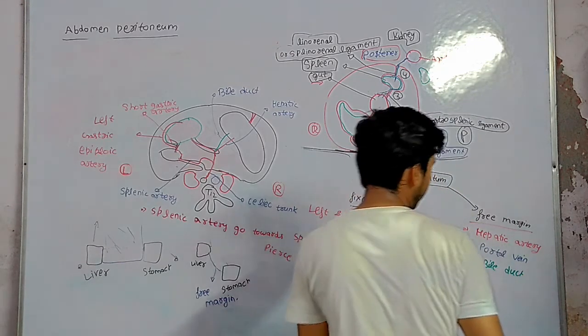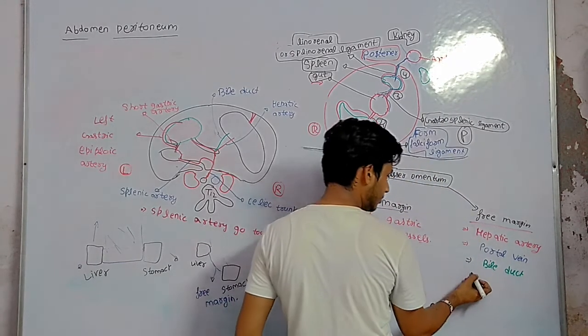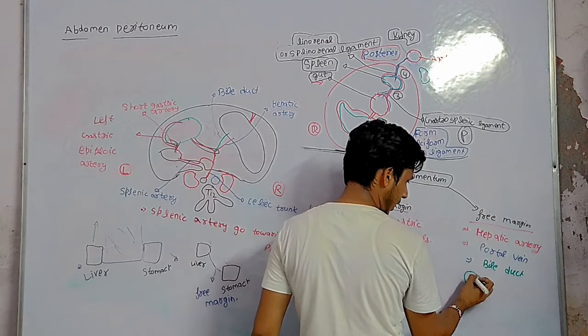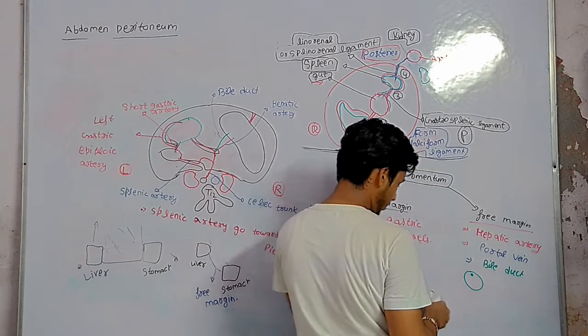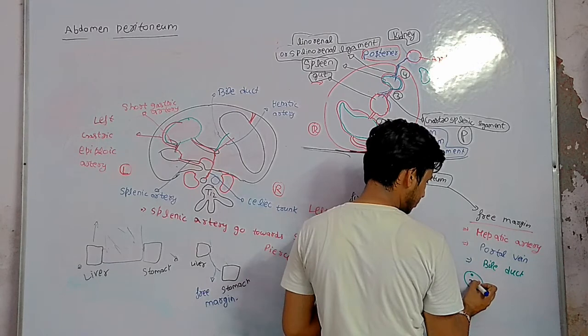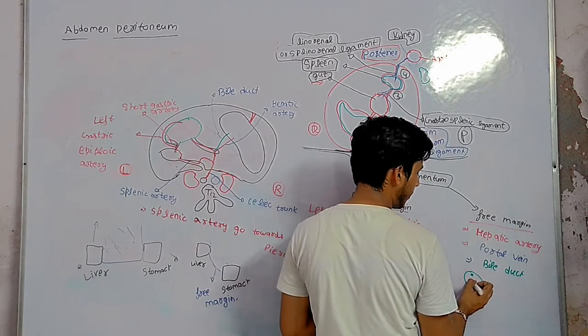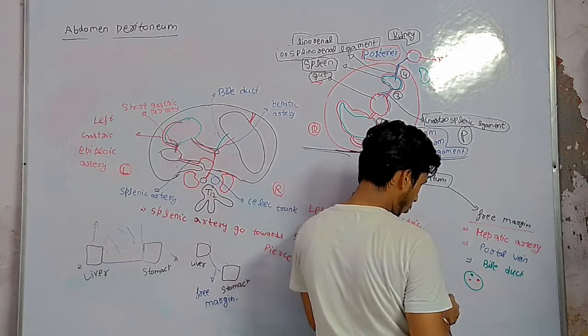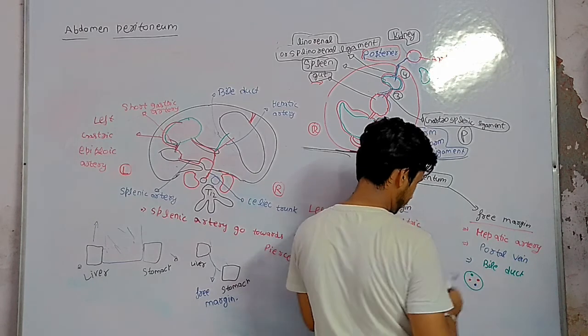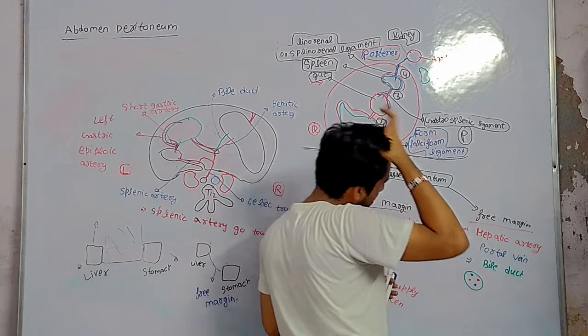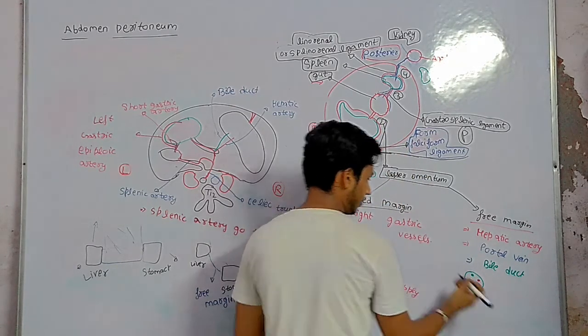And the sequence is like this. Anteriorly the bile duct, then the hepatic vessels, because the hepatic artery has left and right hepatic arteries, and then the portal vein. Done. So this is the sequence, anterior to posterior.